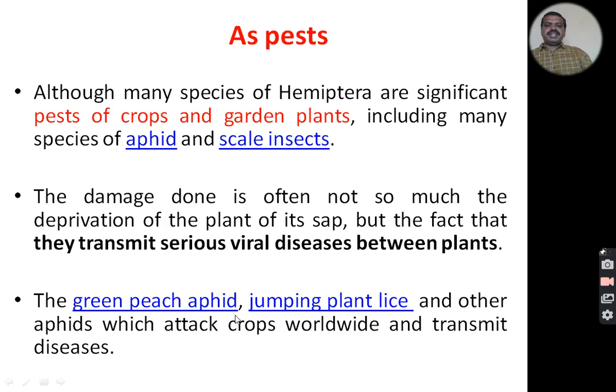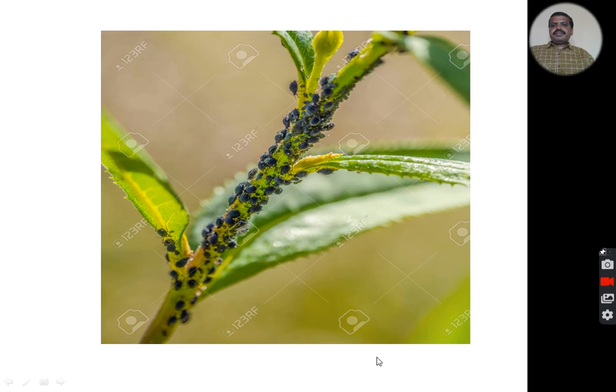The green peach aphid, the jumping plant lice and other aphids attack crops worldwide and transmit diseases along with harming the plant or the crops. Here you can see some plant bugs which feed on the plant sap, that is, the plant juice.